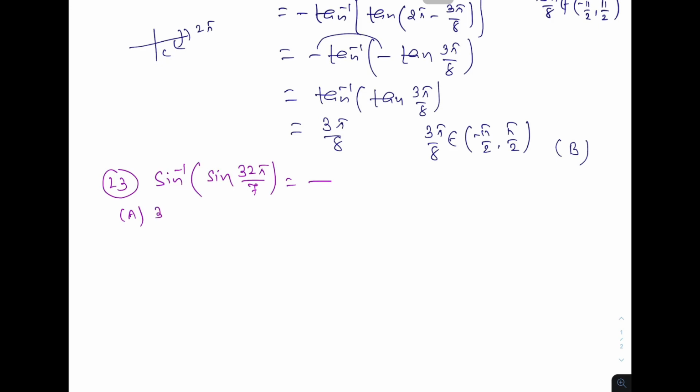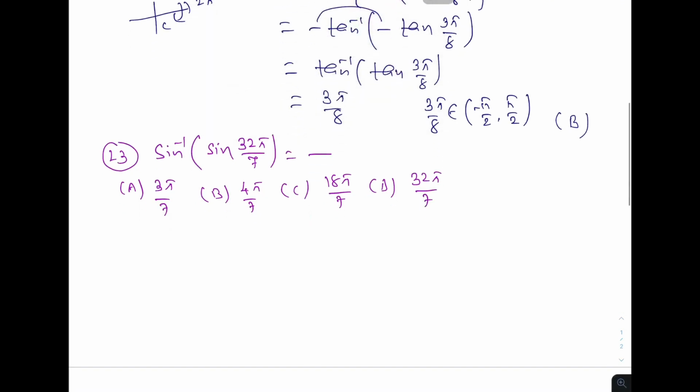Options are 3 pi by 7, then 4 pi by 7, then 18 pi by 7, and then 32 pi by 7.